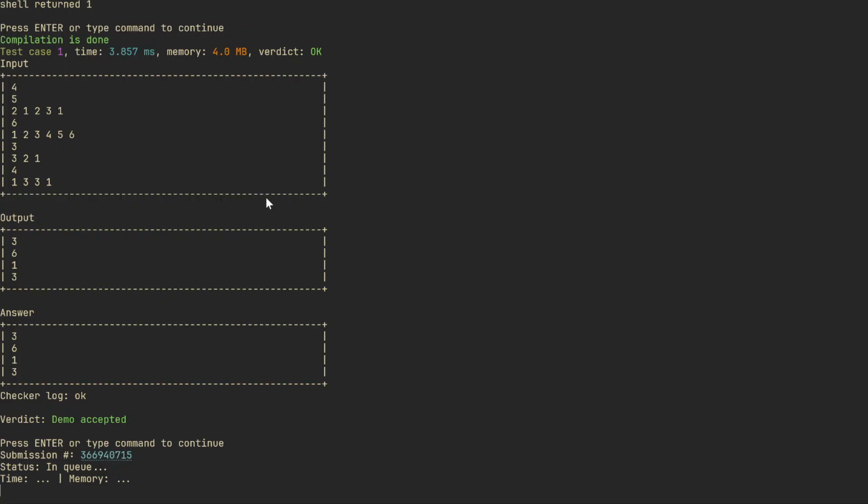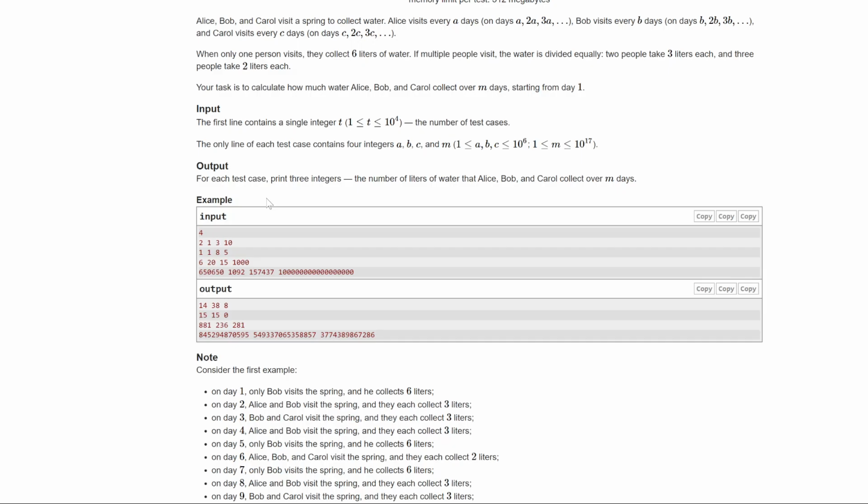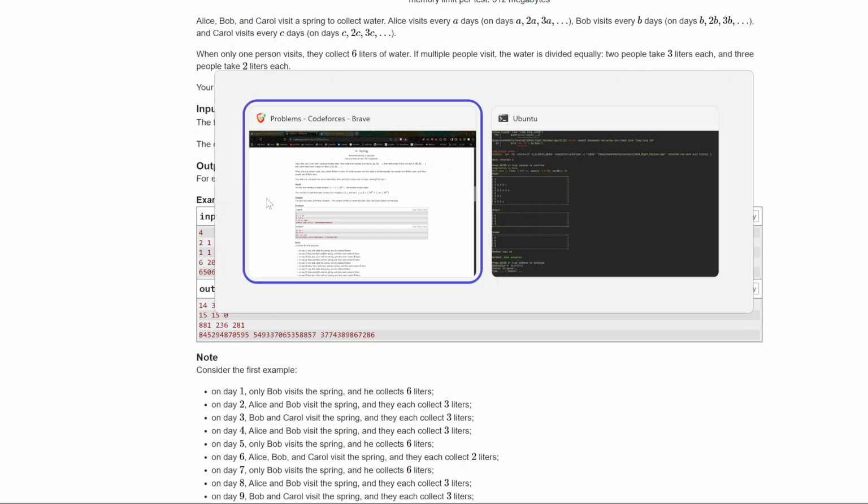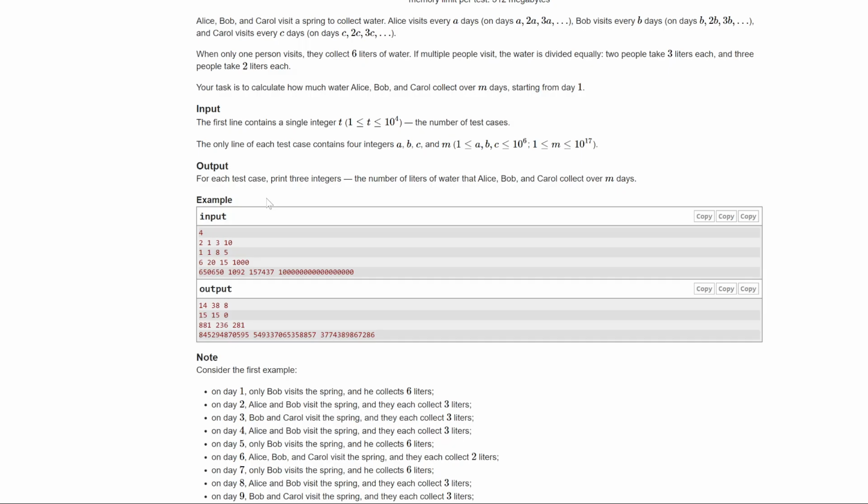Okay, common multiples. We have to count the common multiples. I think here the inclusion-exclusion principle will work.